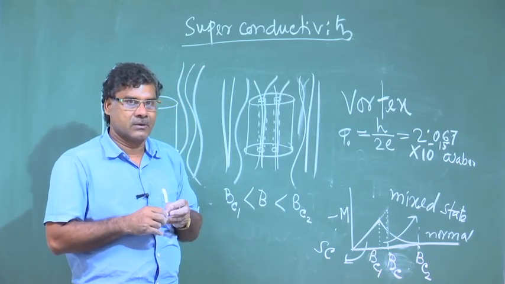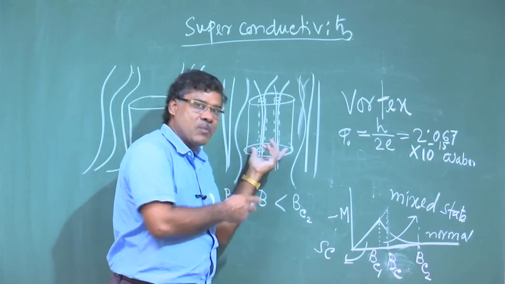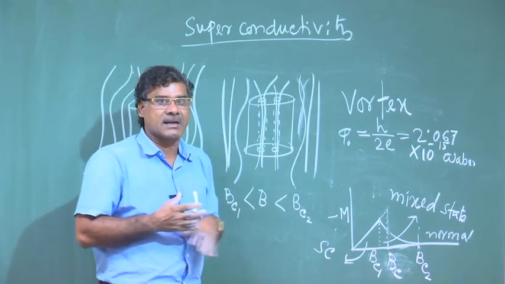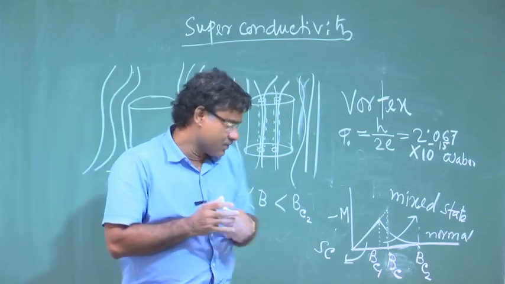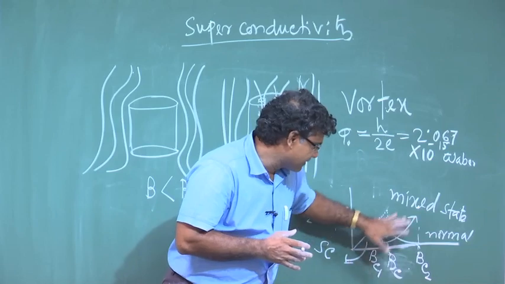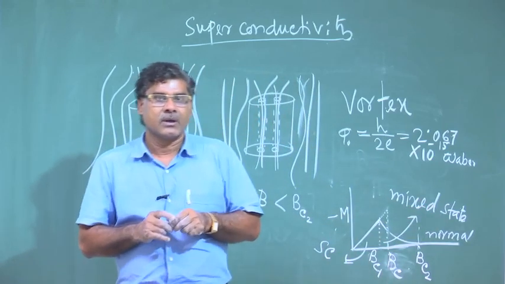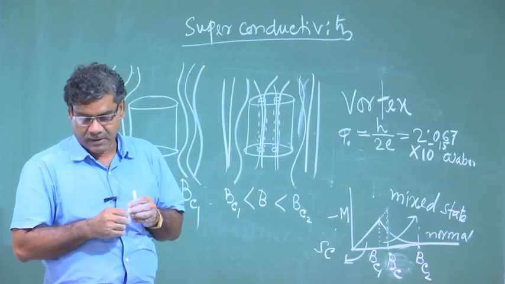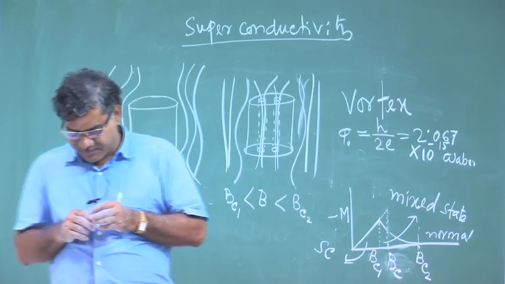Okay. So, how much flux will pass through these superconductors in case of type 2, in mixed state?